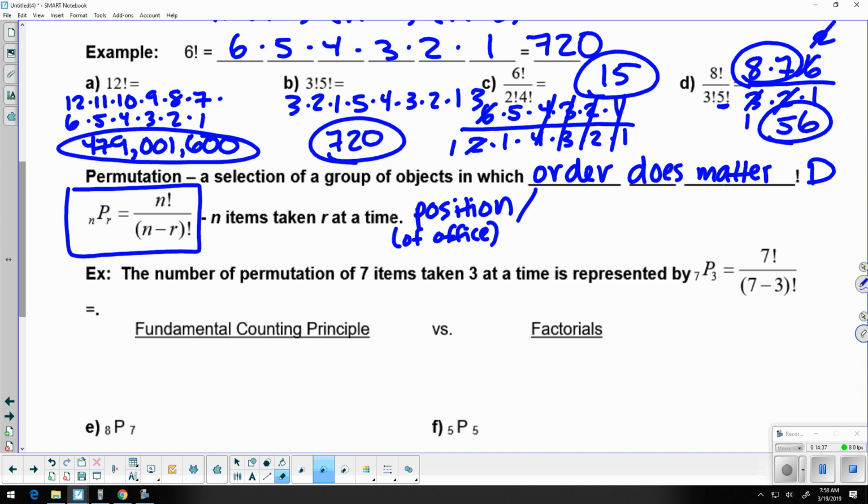That's automatically going to be a permutation. If they talk about placing in a competition, like first place, second place, third place, the gold medal, the silver medal, the bronze medal, the order in which I choose those is going to matter.